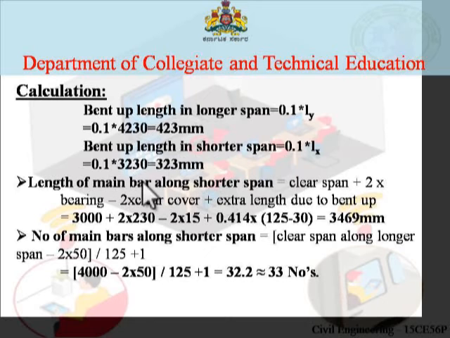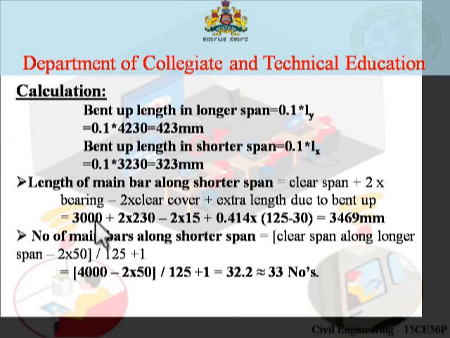Then length of the main bars along the shorter span is given by the formula: clear span plus 2 into bearing minus 2 into clear cover plus extra length due to bent up.